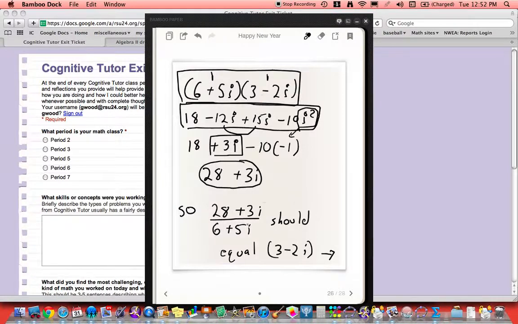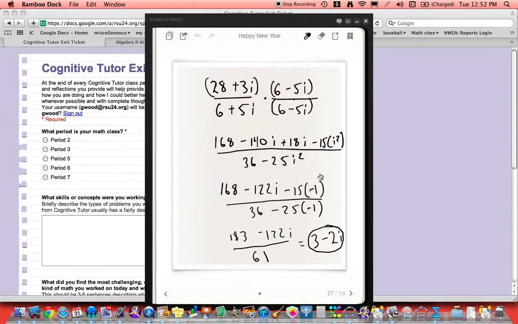That's the tricky one. This is sort of the culmination of the skill set that we're insisting that you master. Okay, let's show how you divide complex numbers. There's one little new vocab thing that's called the conjugate. This is my division problem that I'm trying to solve: 28 plus 3i divided by 6 plus 5i.